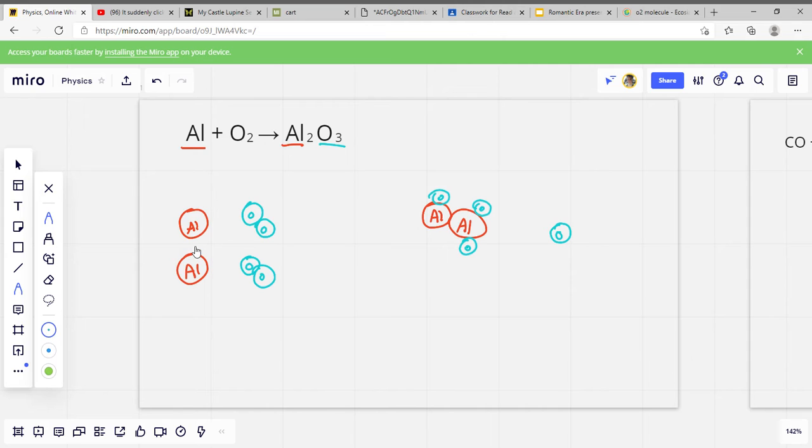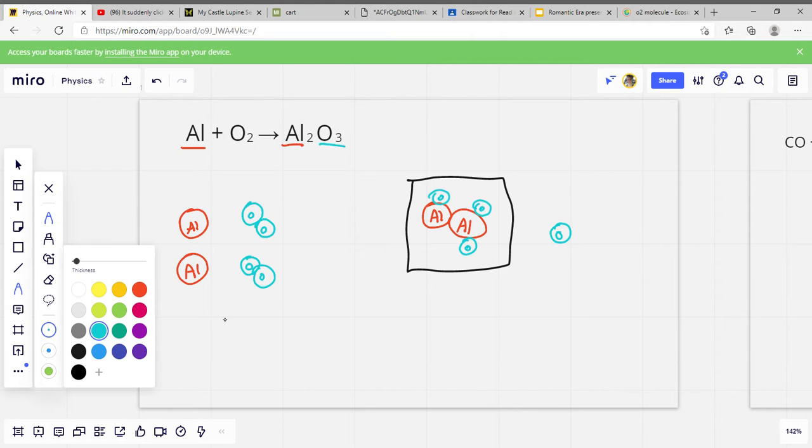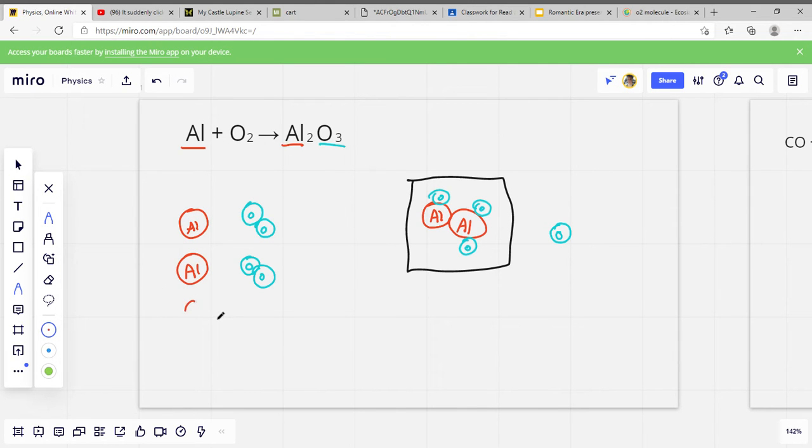Alright, so what we're going to have to do is make a whole other one of these molecules. So this is a full molecule right here at the end, aluminum oxide, and that's what it has to look like at the end. So we're going to add another aluminum. Actually, we're going to have to add two more aluminums, and then they'll join to this oxygen.